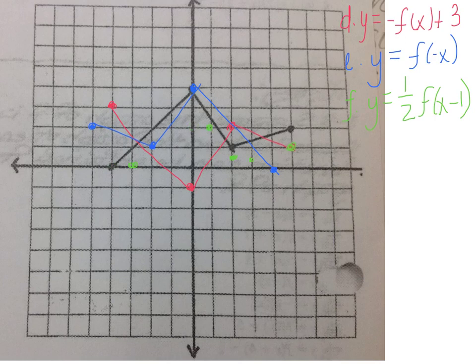And there's my compressed graph shifted right 1. And now you can use those 6 examples to do the left side, which will be your assignment in class. And we are done.